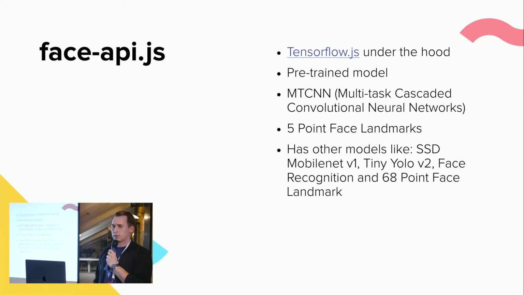And also, face-api.js has other models built in. For example, if you want to use this method for mobile applications, I suggest you go with the 68-point face landmark detection, because it's very tiny and mobile friendly. But let's go back to the MTCNN.